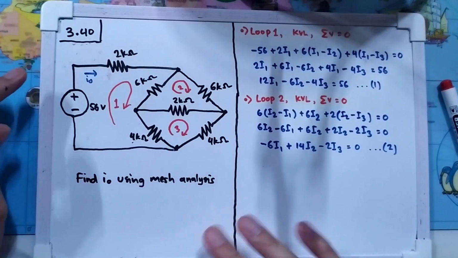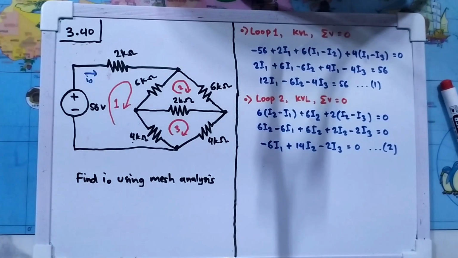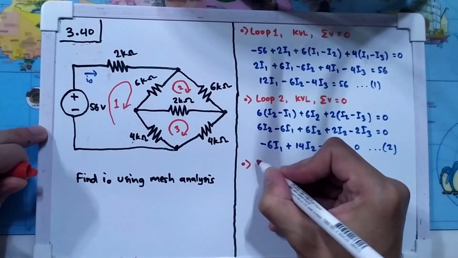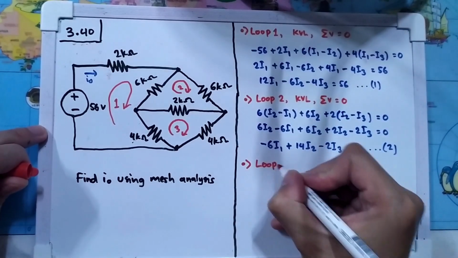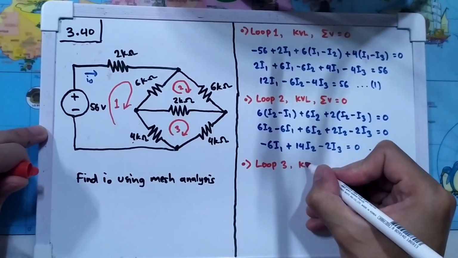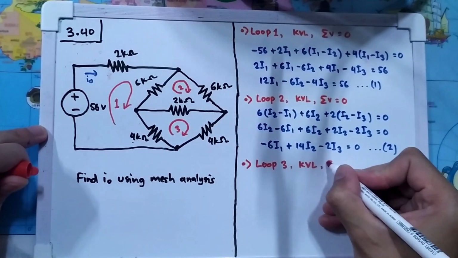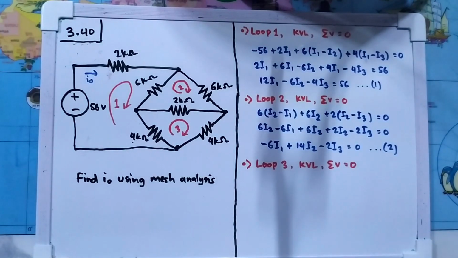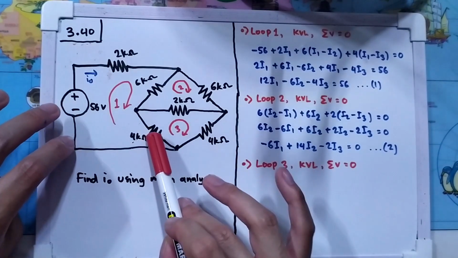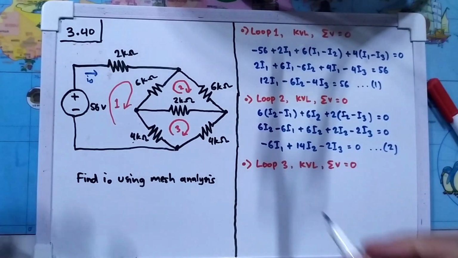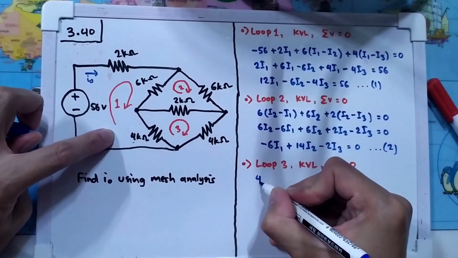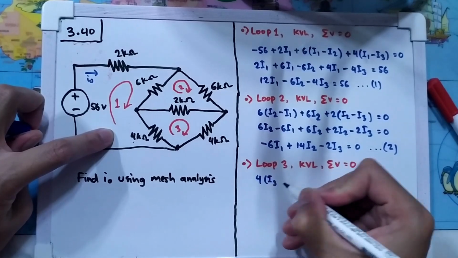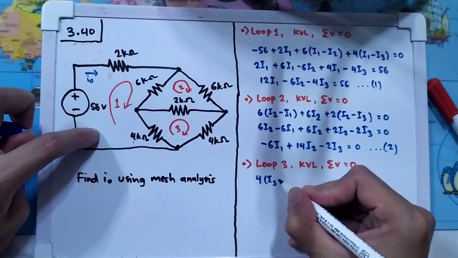And now we move on to loop number 3. And we do similar things as before. KVL, and the sum of voltage in a loop is equal to 0. Now let's start at this resistance here, the 4 kilo ohm one. So I will have 4, and we focus on loop 3, so I3, and the current that goes in opposite direction is I1.